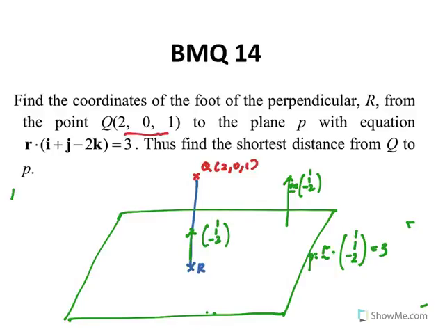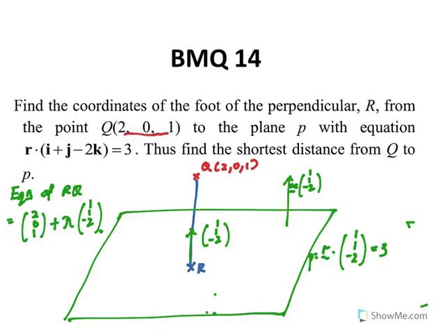So the equation of RQ, given r equals a plus lambda m, can be written as position vector (2, 0, 1) plus lambda times the direction vector (1, 1, -2). (1, 1, -2) is the normal to the plane, so it should be parallel to RQ and give you the direction vector for RQ, because RQ is also perpendicular to the plane.